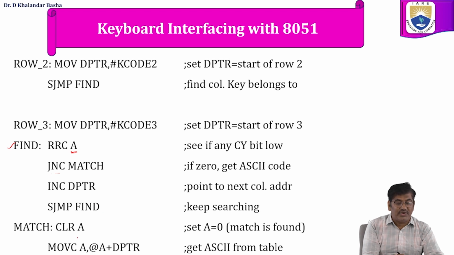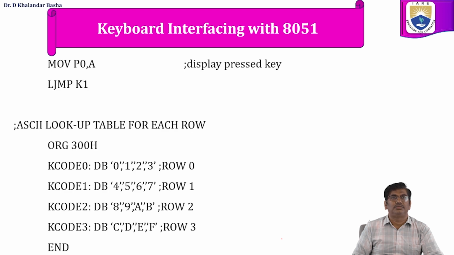If any match is found, the accumulator contents will be cleared. Then the code corresponding to the particular key, which is at accumulator plus DPTR, will be loaded into the accumulator. So we fetch the ASCII equivalent for the key which is pressed from the lookup table and load it into the accumulator.